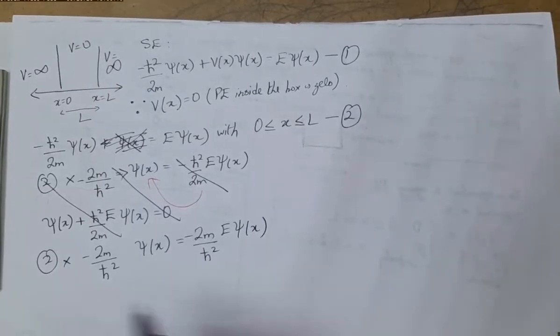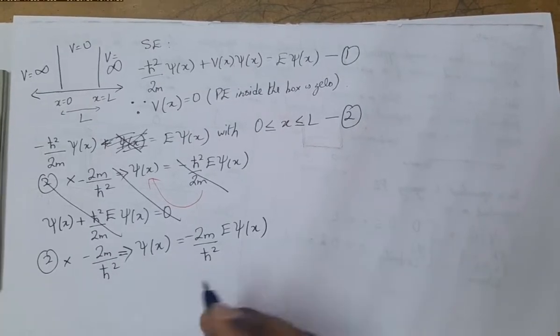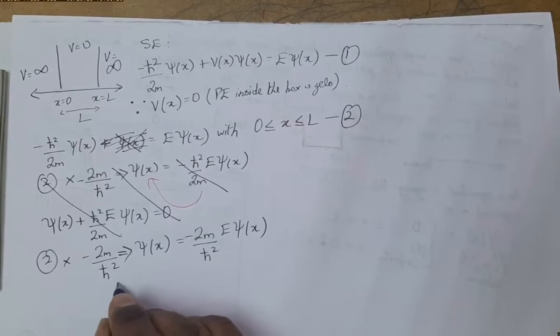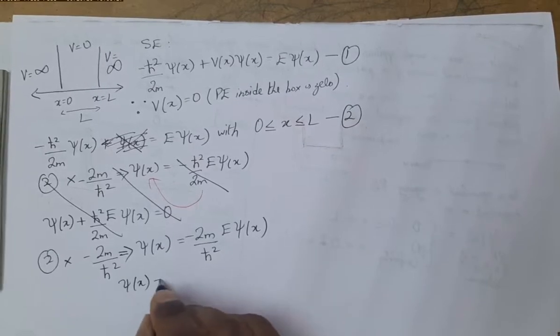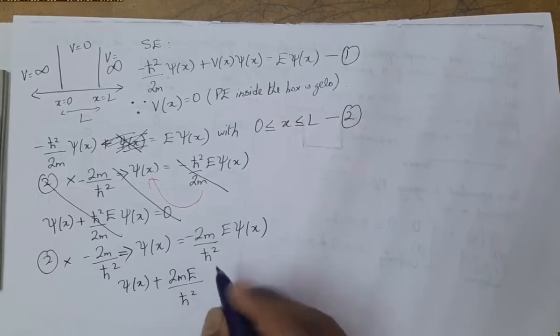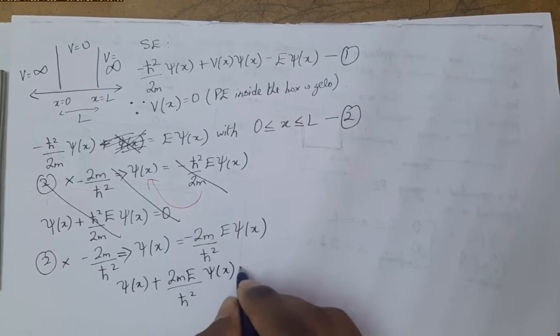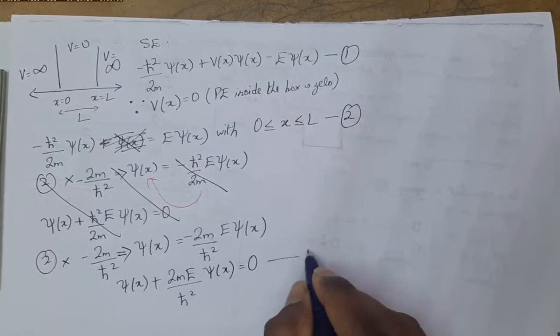So this will give you the second derivative of psi of x plus 2mE by h cross square psi of x equal to 0. Let's say this is equation 3.